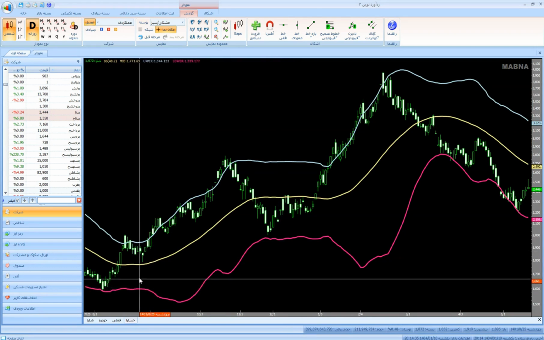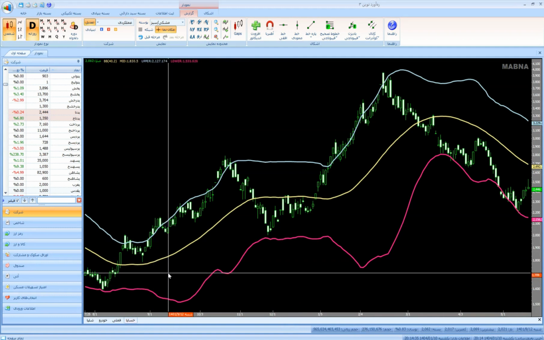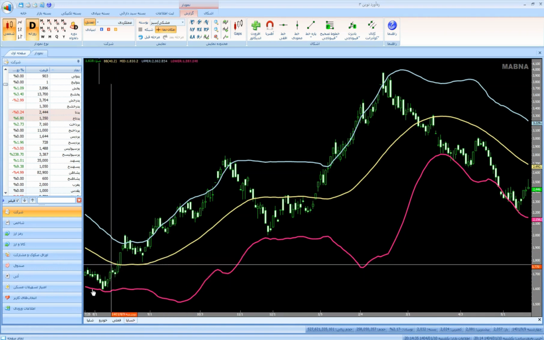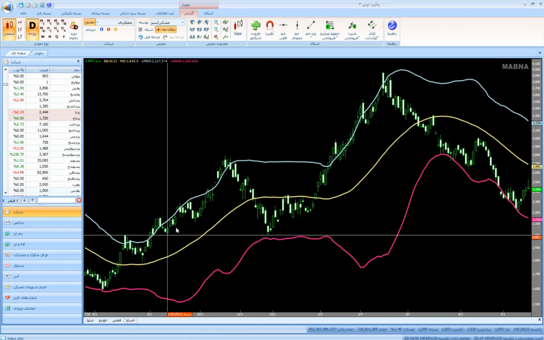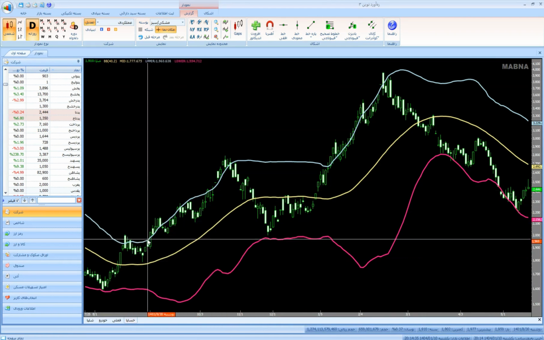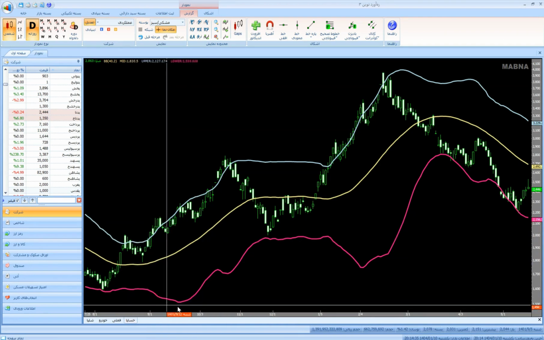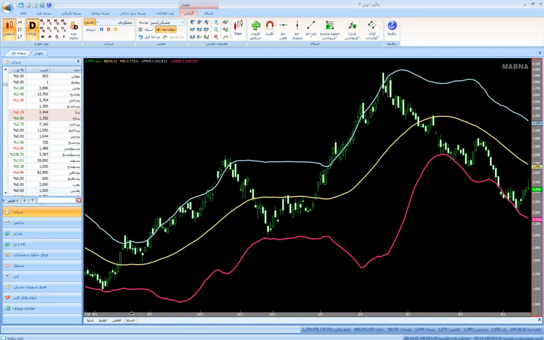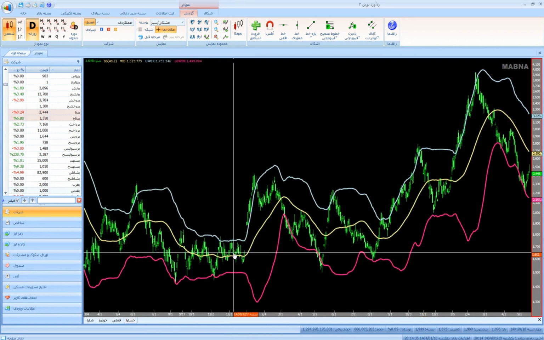Well, dear viewers, the Bollinger Bands provide us with 2 types of signals. The first type of signal occurs when the chart trend is halved, meaning the chart becomes trending, entering an upward or downward trend. The Bollinger Bands open up, meaning the upper and lower bands separate from each other. And when the chart enters a range-bound state, for example, look at this range area.